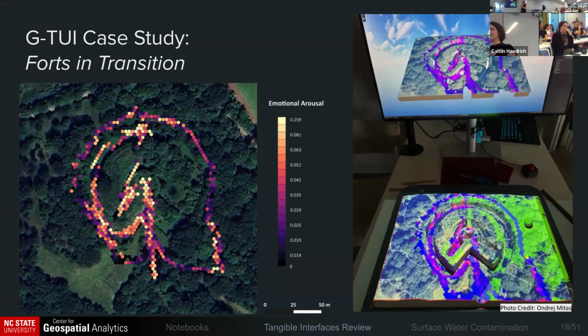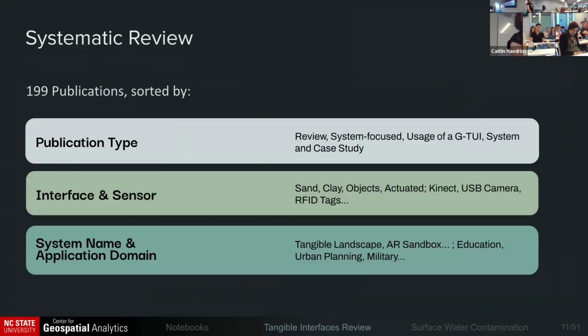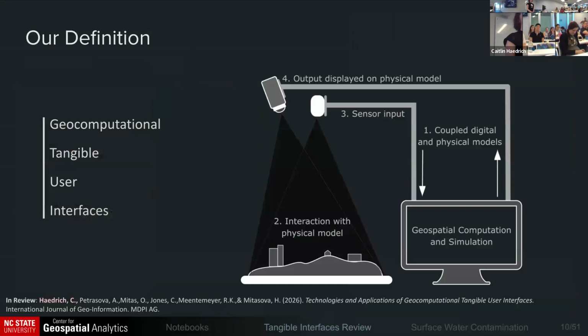Do we have any more questions? Yeah. Okay, back to your first study, the systematic review of G-TUIs. I'm curious about your decision to not include the augmented reality goggles.